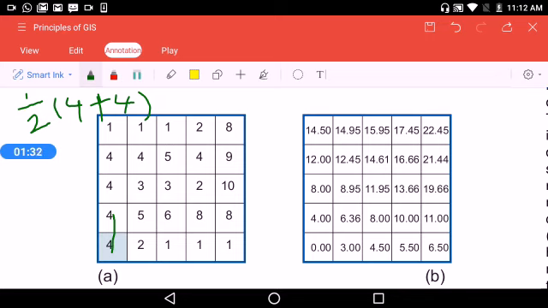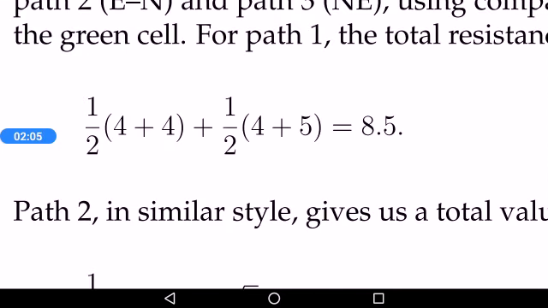In the same way, going from this cell to the cell in the east, instead of 4 plus 4, it will be 4 plus 5. So half of 4 plus 4 plus half of 4 plus 5 gives you 8.5.